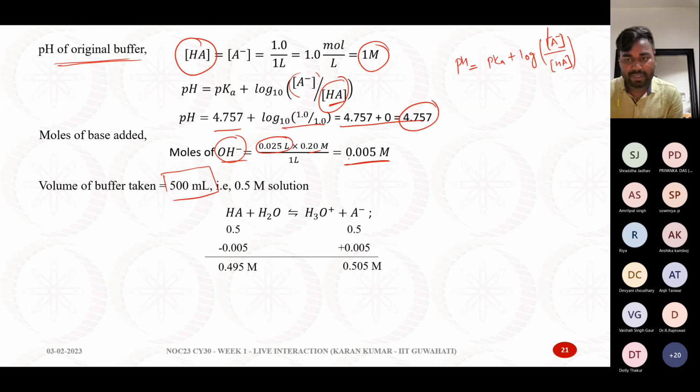Initially in 1 liter it is 1 molar, so 500 ml will give 0.5 molar, and then you are neutralizing that with 0.005 of base, which is NaOH.